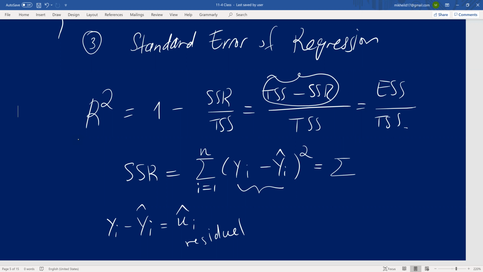Guys, if you tell me that u is u hat, or in other words, if you cannot see the difference between the disturbance and the residual, then I will reconsider your midterm.